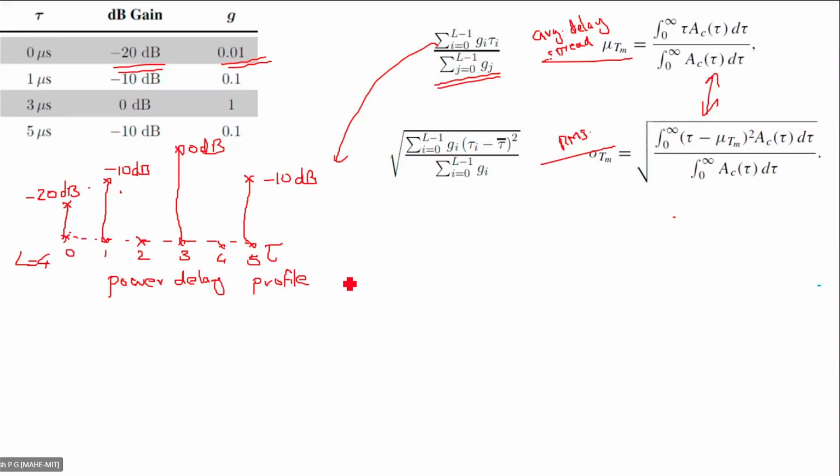Note that what I have drawn here is not to proper scale, but when you draw, you have to consider a proper scale and keep it neat. Since this is an iPad, it is practically impossible to draw good lines. Okay, now you can find average delay spread and RMS delay spread.